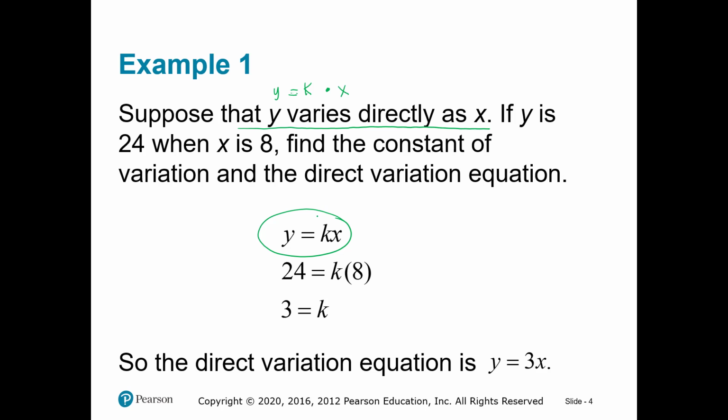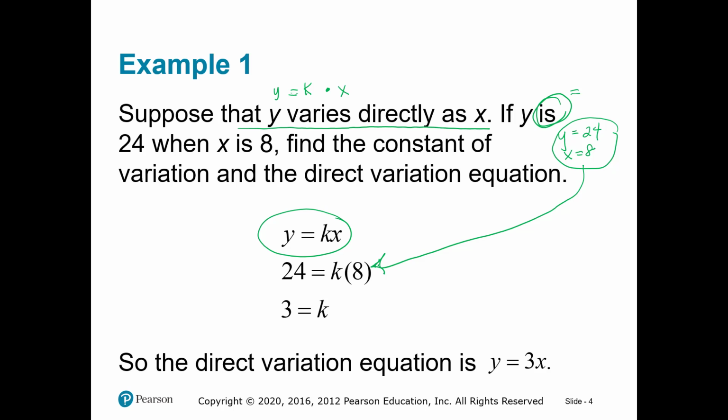If Y is 24 when X is 8. Remember what the word is means? Yeah, that means equals. So what they're telling us is Y equals 24, X equals 8.